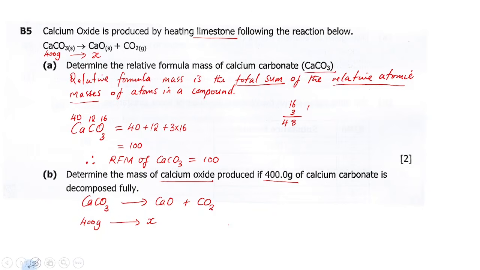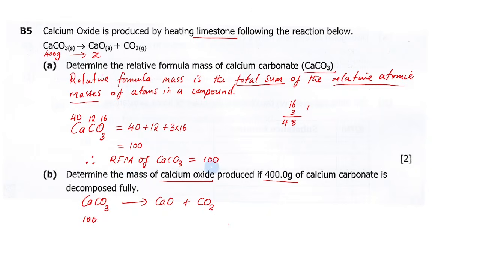Let me rub this out first and begin building from the stoichiometric level. If it is balanced like this, what amount of calcium carbonate has decomposed to give you calcium oxide plus carbon dioxide? The amount is 100.